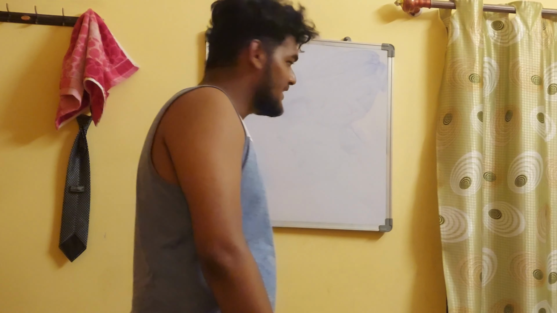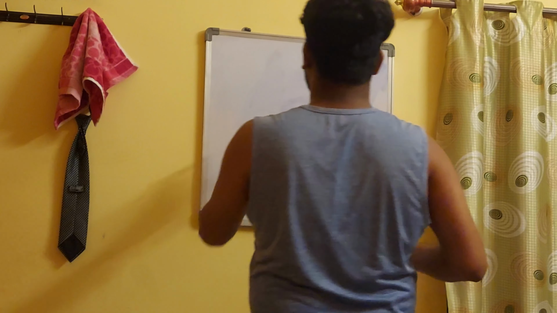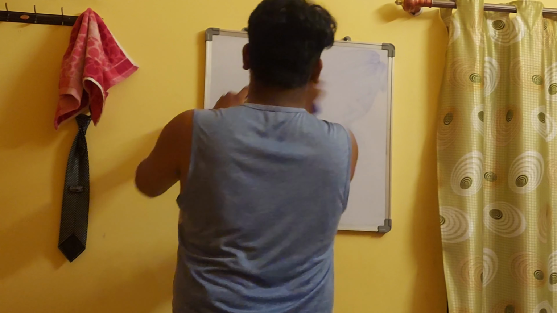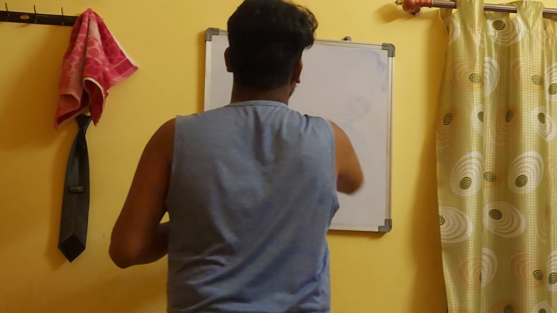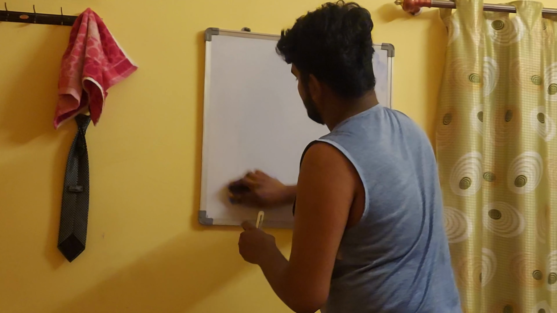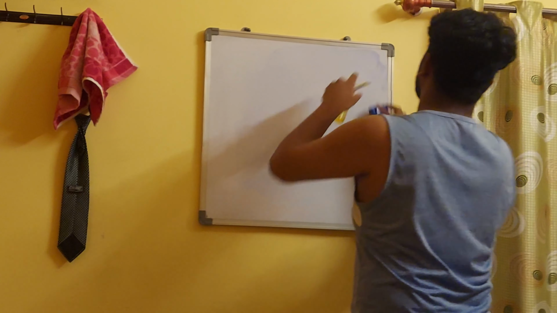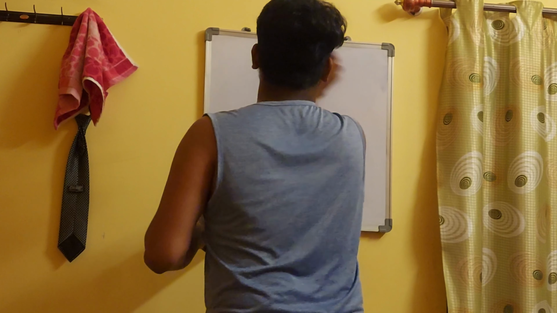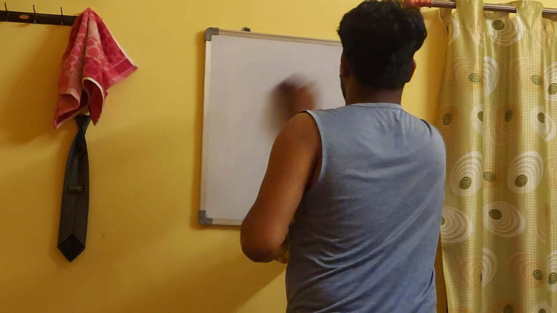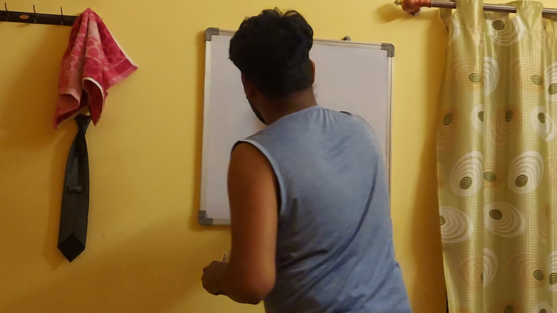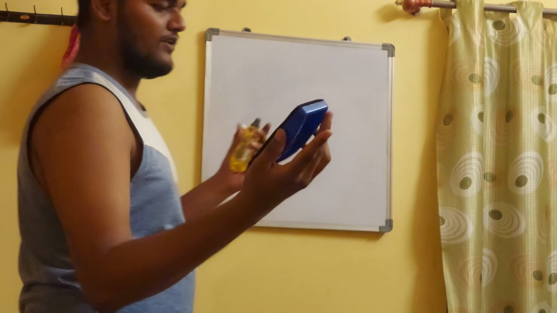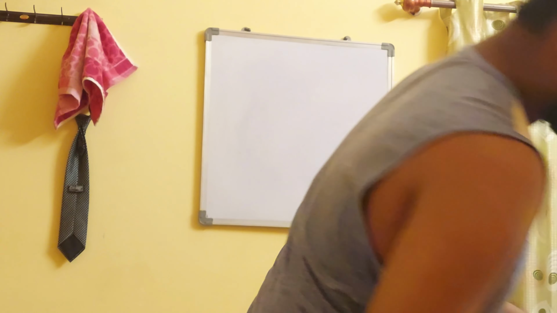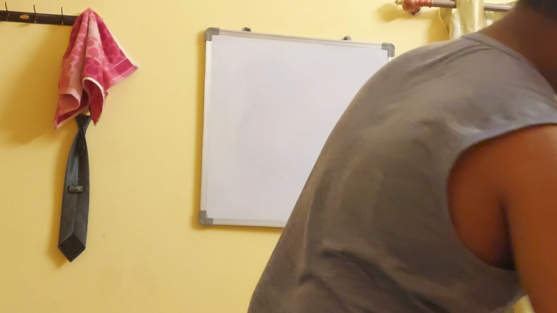So now let's get back to our topic. That was the explaining. Once again, I'll just spin the board because it looks big. Okay, all clear. So let's get back to the topic again.